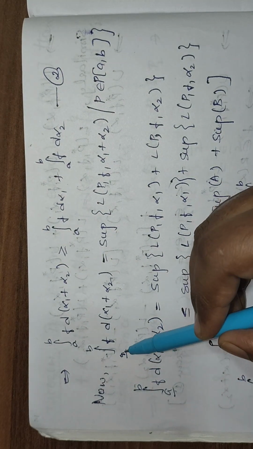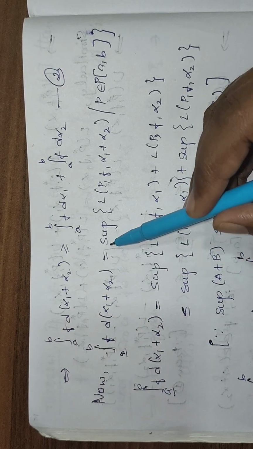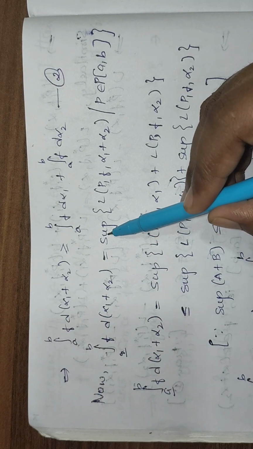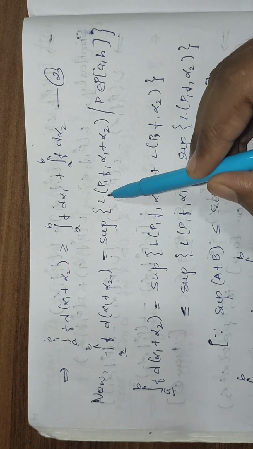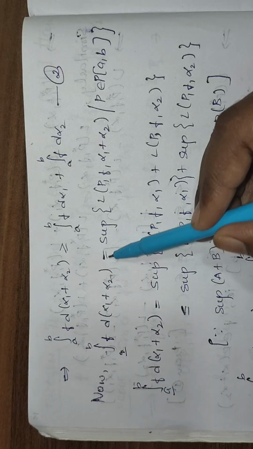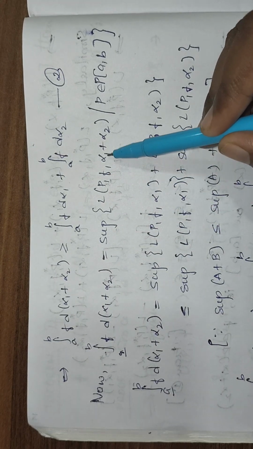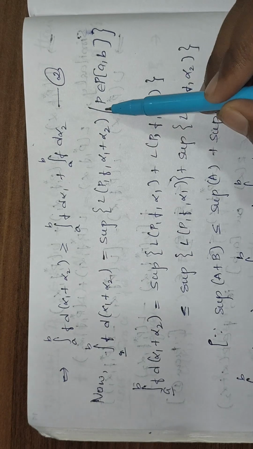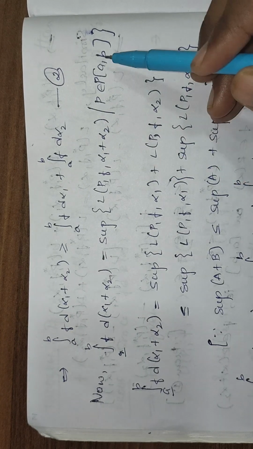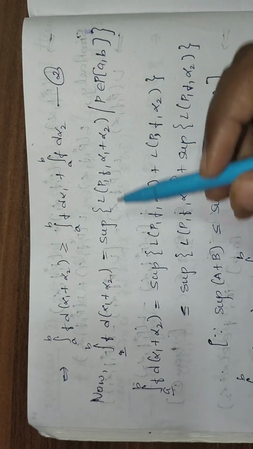Now we'll consider the lower Riemann integral of f d(alpha 1 plus alpha 2), which is equal to the supremum of all L. As per the definition of the lower Riemann integral, this is equal to the supremum of L(P, f, alpha 1 plus alpha 2), where P is any partition of the closed interval [a, b].